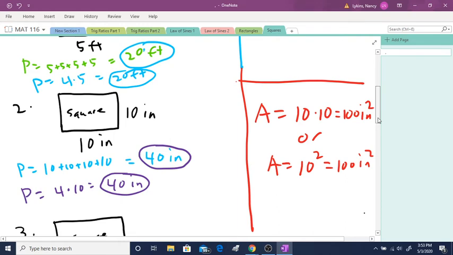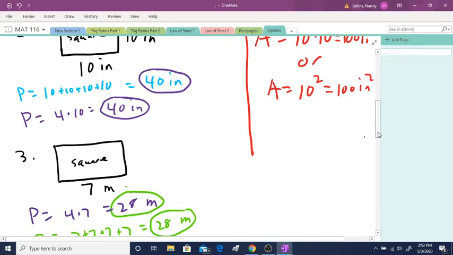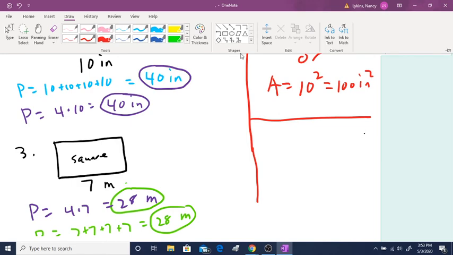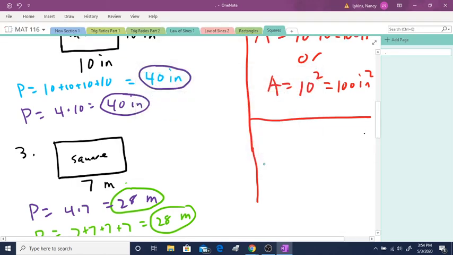Remember, at any point of this video, you can continue to pause and rewind or play it back and see if things are unclear. Okay. Number 3, I've got 7 meters as my side. Let's say in this case, area equals 7 times 7, which is 49.